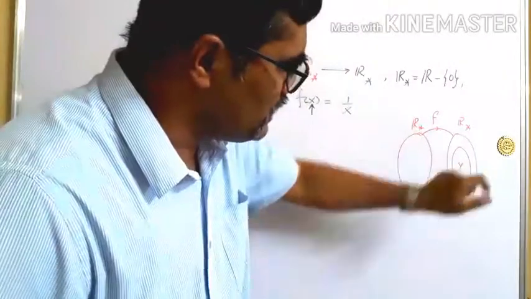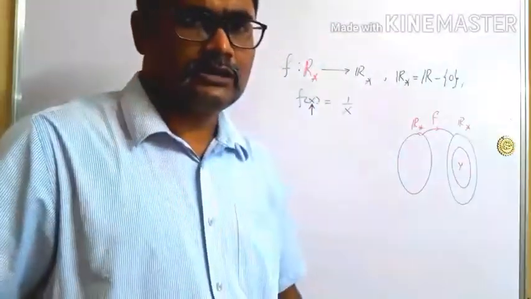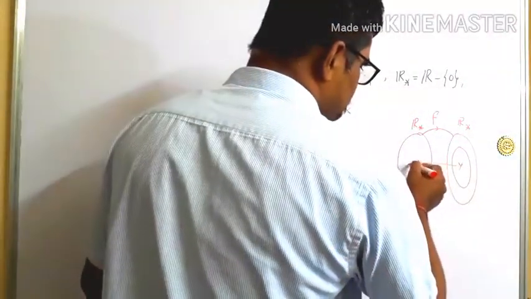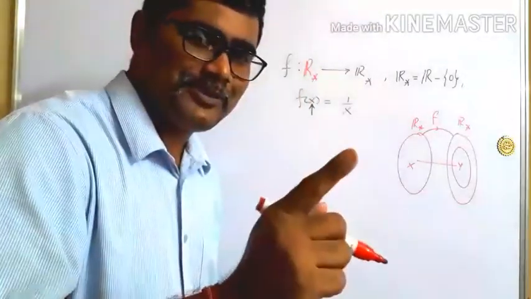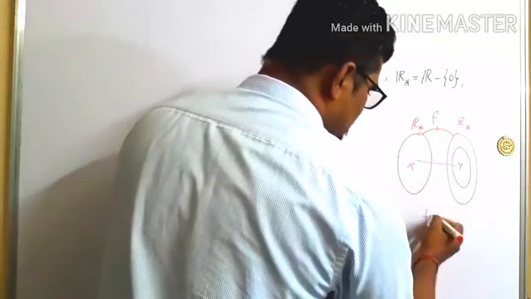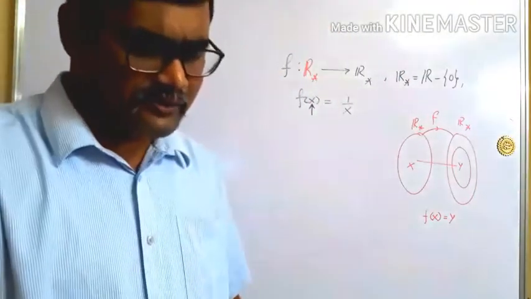So if I pick y from the range, it is very sure that I am going to get some x whose image will be y. I am very sure. So in that case, what can I write? Image of x is y.